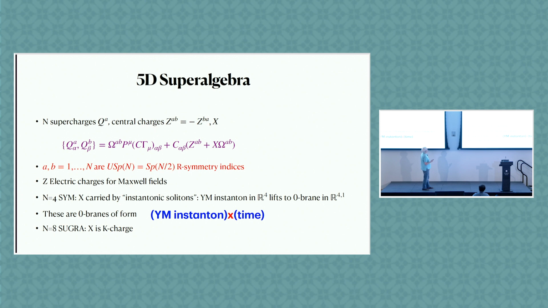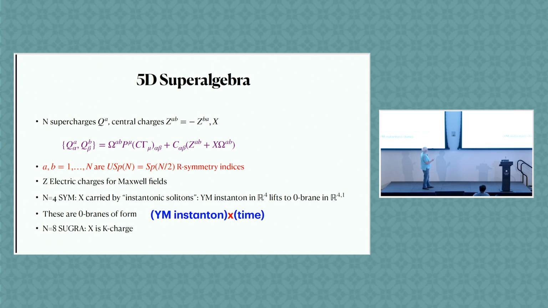A reminder: if we look at the 5-dimensional superalgebra with n supersymmetries, there are various central charges. There are ones which are antisymmetric in these indices, where A runs from 1 to n, and there's a scalar central charge. So the superalgebra takes this form.